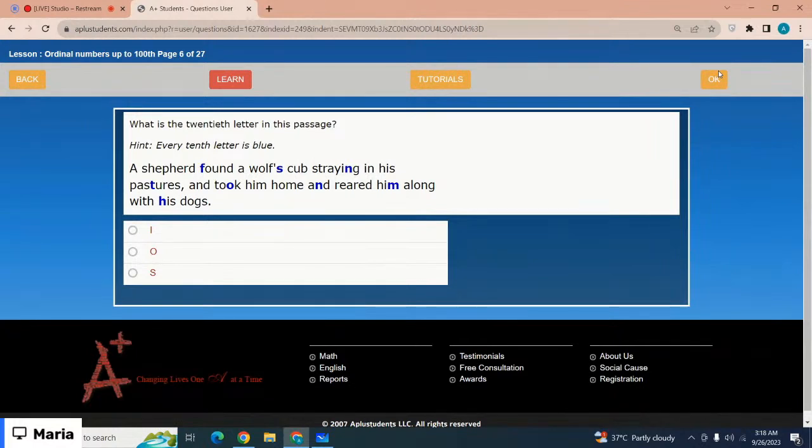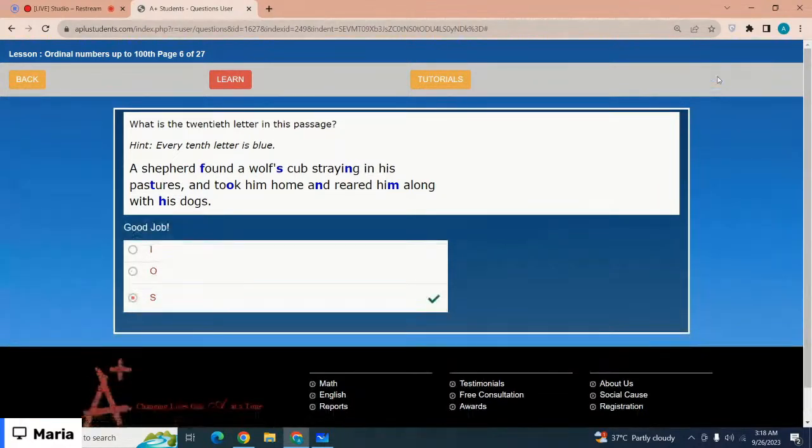So, which is the correct option? The 20th letter is S. The correct option is S. Very good.